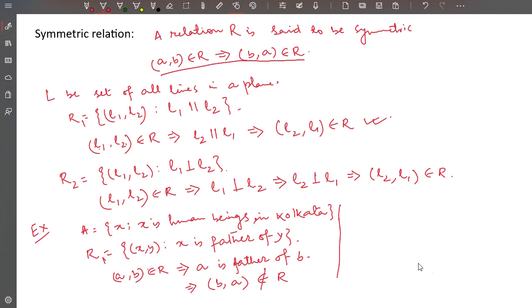But if I define this relation, X is friend of Y, X is related to Y if X is friend of Y.